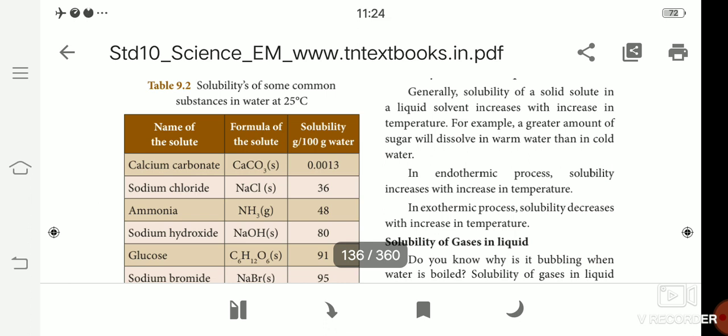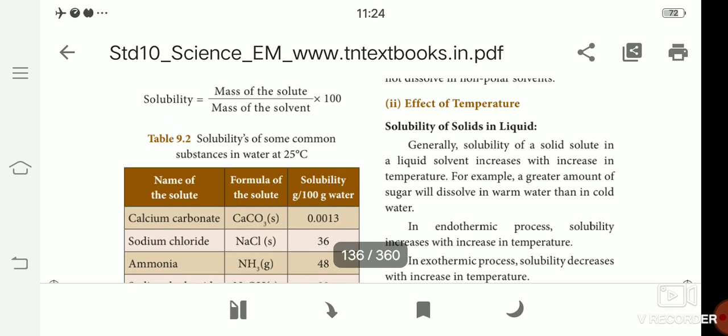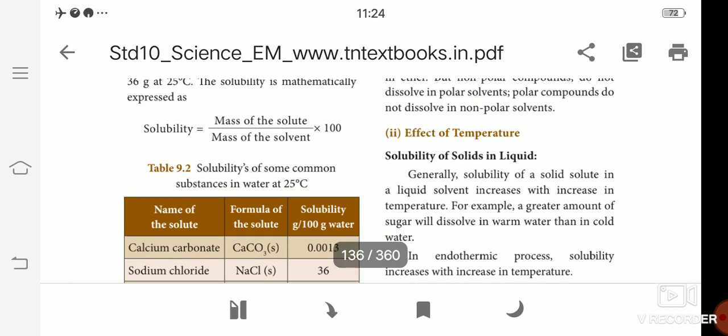Then the second factor, the effect of temperature. There are two cases: the solubility of solids in liquids and the solubility of gases in liquids. In the first case, the solid is the solute and the liquid is the solvent.